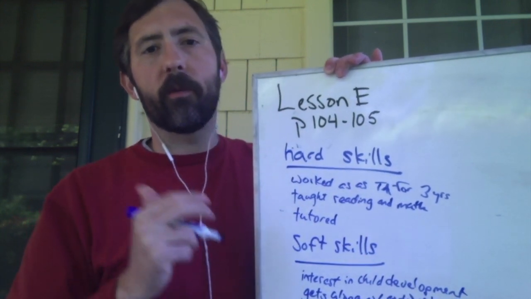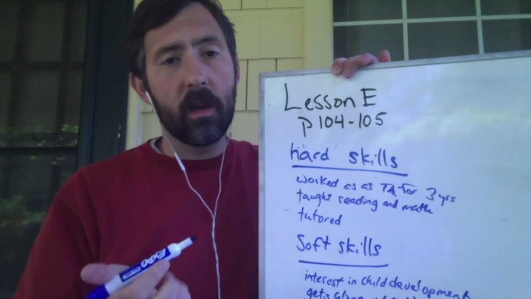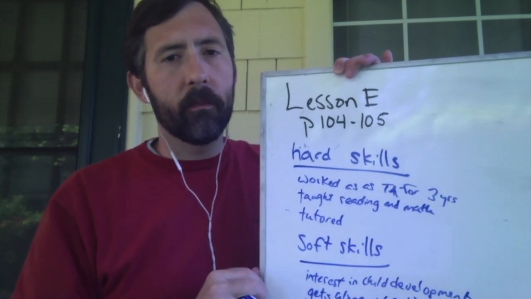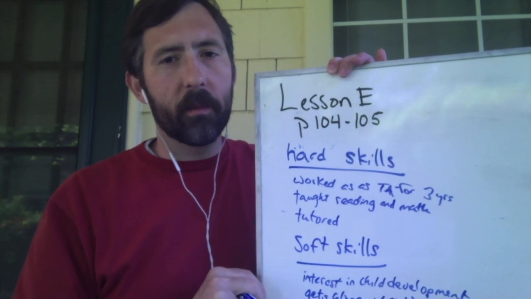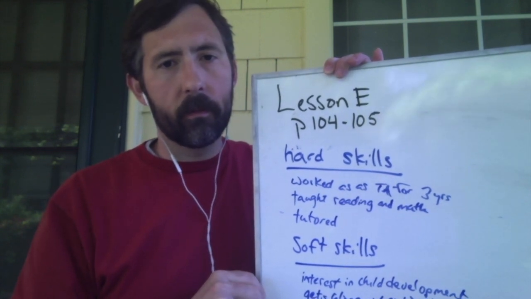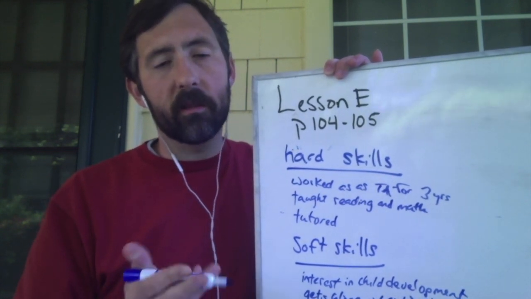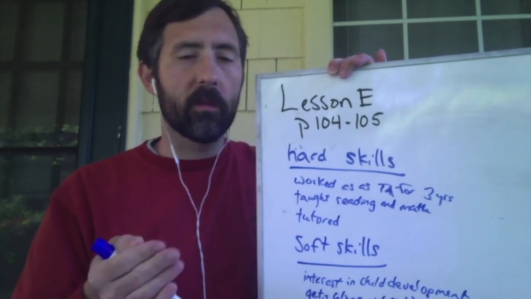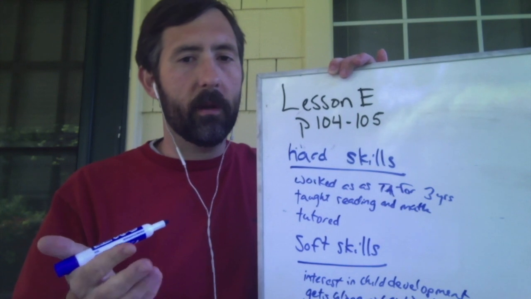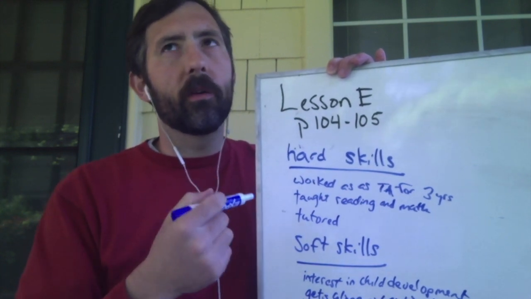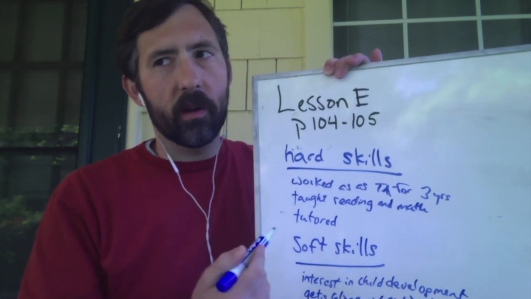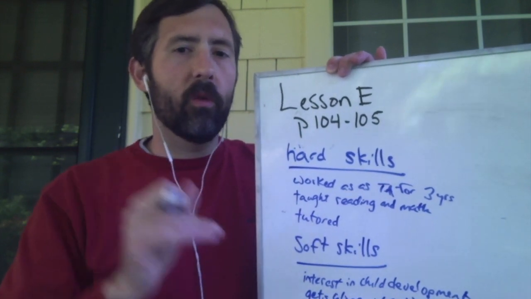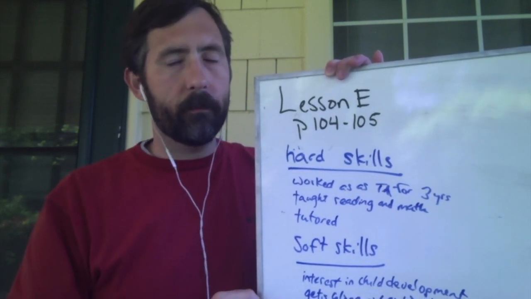So if you're applying for a teacher's assistant, you're maybe not going to include your experience working at McDonald's, unless maybe you were working with customers and having to deal with hard customers. Then you're showing some good soft skills, right? But you want to find the experience that best matches, best relates to the position that you're applying for.